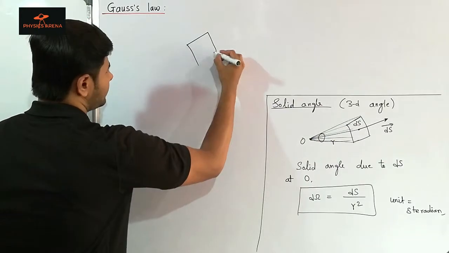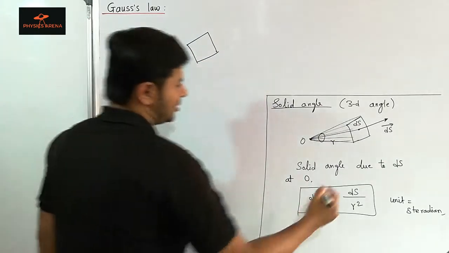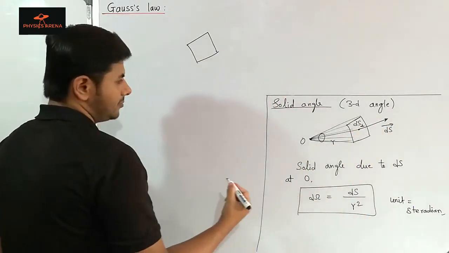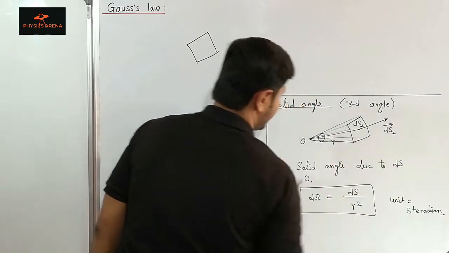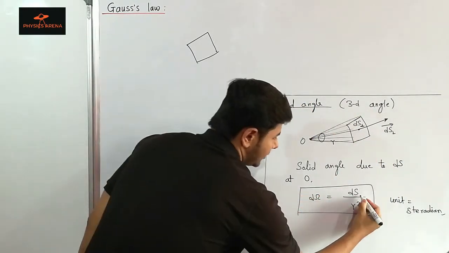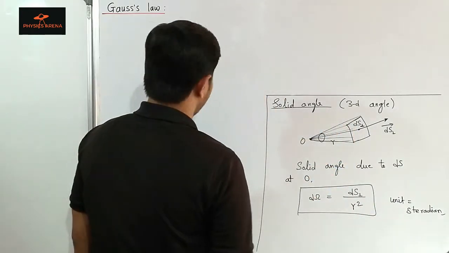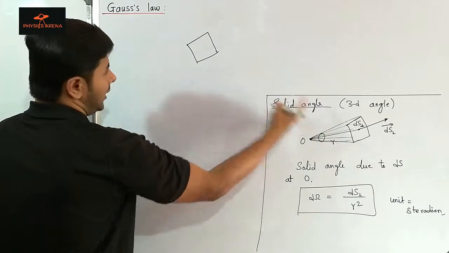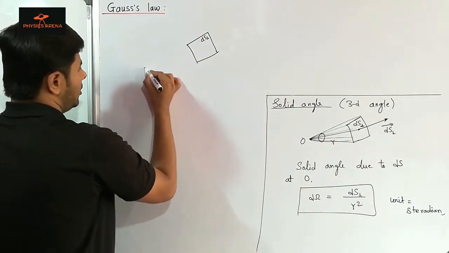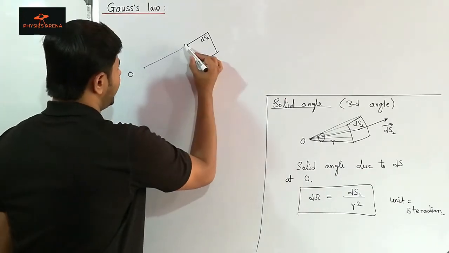So this is ds, I will call this one ds perpendicular, and the solid angle due to this is the magnitude of ds perpendicular divided by r square. Suppose this is the point O where we have to find the solid angle.